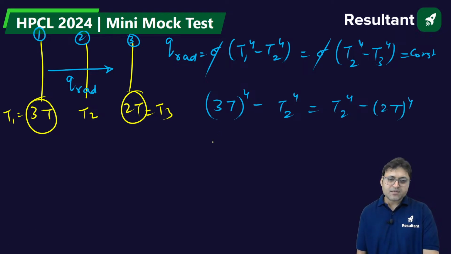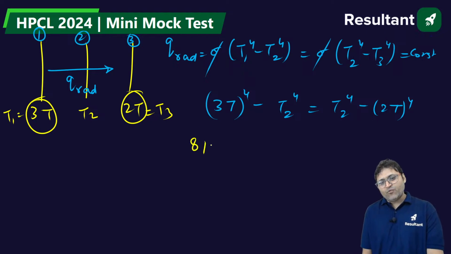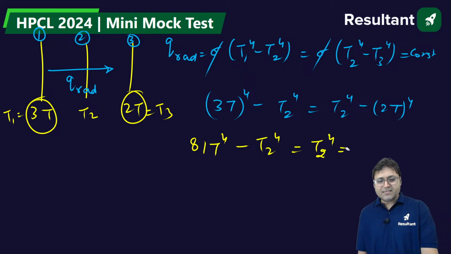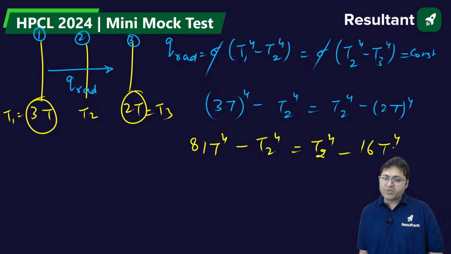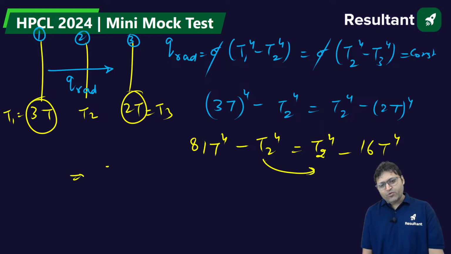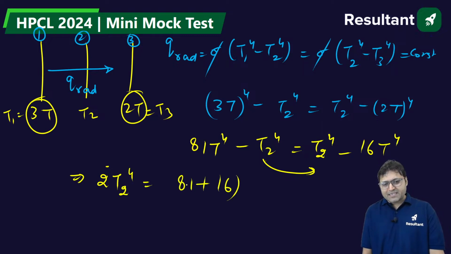So it is 81T to the power 4 minus T2 to the power 4 is equal to T2 to the power 4 minus 16T to the power 4. So this T2 to the power 4 will go to this side. So twice of T2 to the power 4 is equal to 81 plus 16 into T to the power 4.